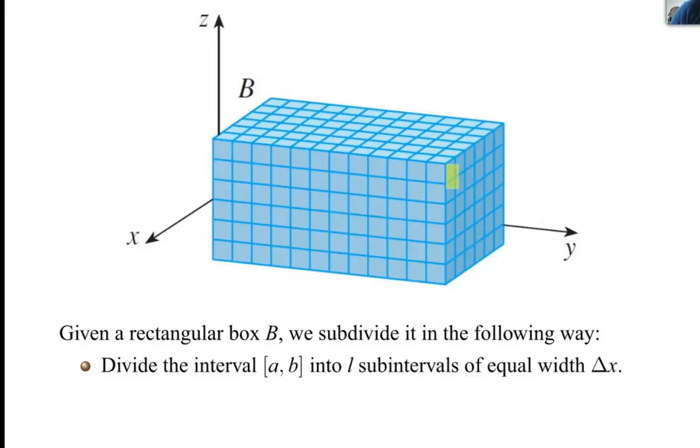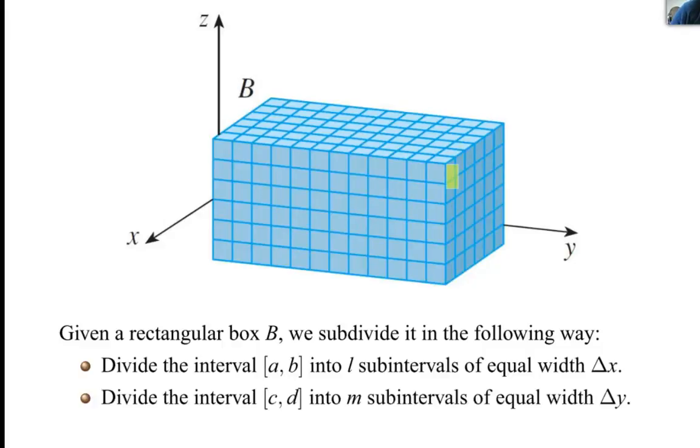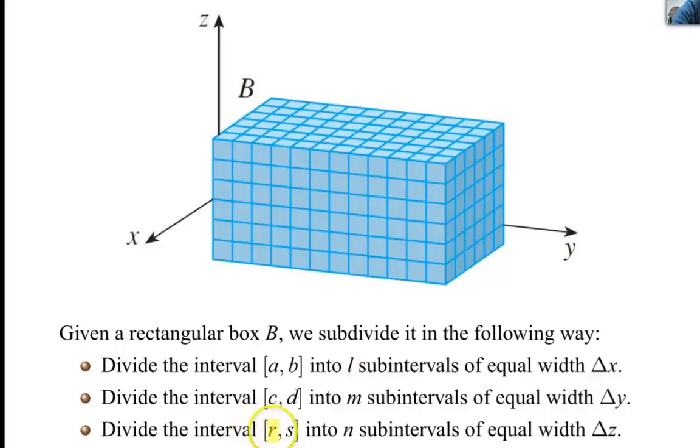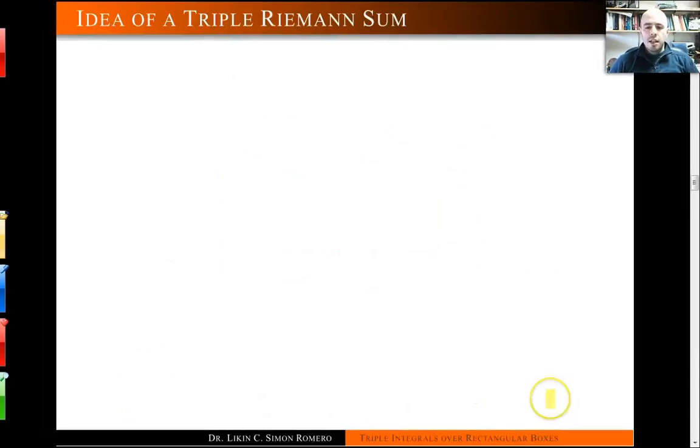We subdivide the interval AB into L subintervals of equal width delta x. We divide the interval CD into M subintervals of equal width delta y, and we do the same for the interval RS into N subintervals of equal width delta z.